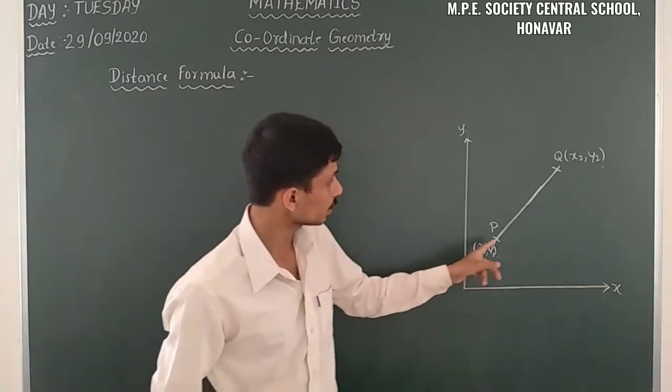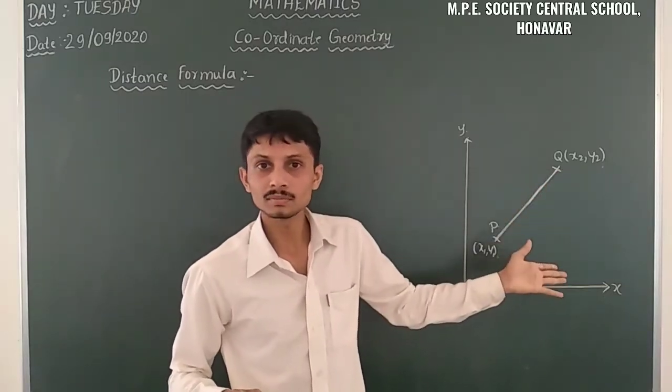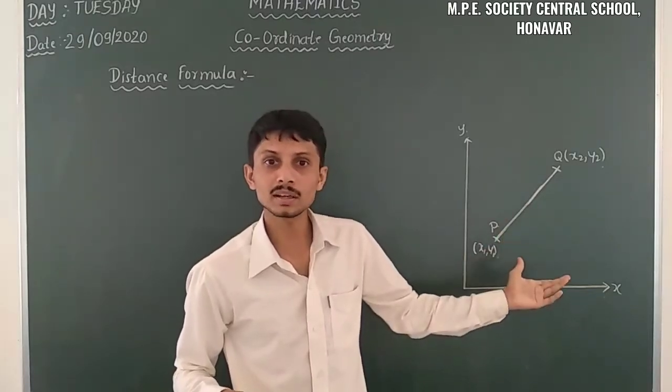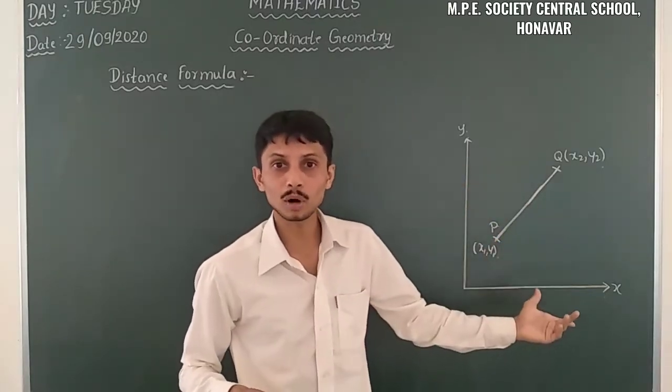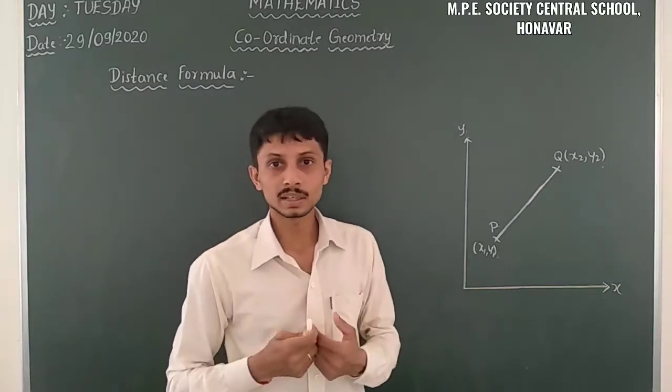Just observe, it looks like a side of a triangle. We can take it as a side of a triangle, or also a side of a quadrilateral. All the shapes we can take here.